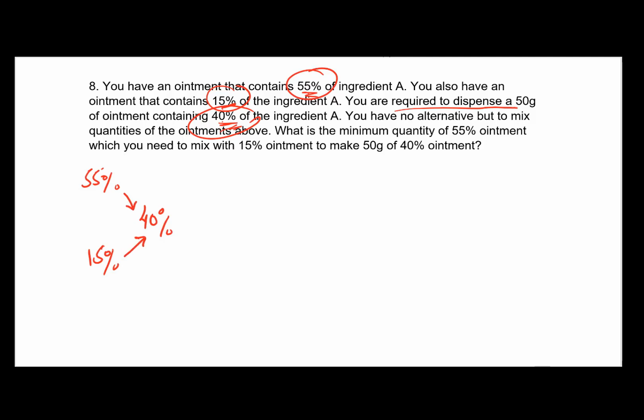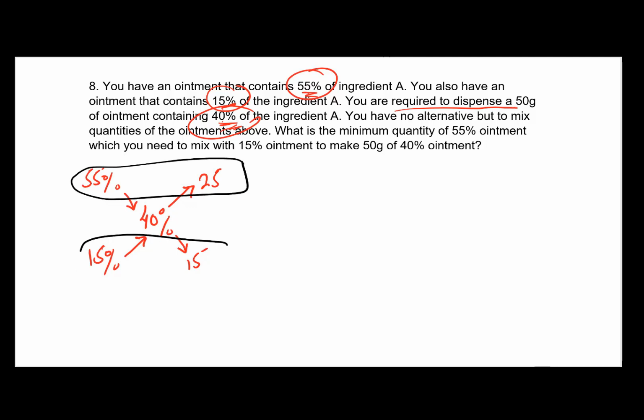55 minus 40 is 15, and 15 minus 40 is 25. So once I have done this, we go parallel. So that means I need 25 grams of 55% ointment, and I need 15 grams of 15%.